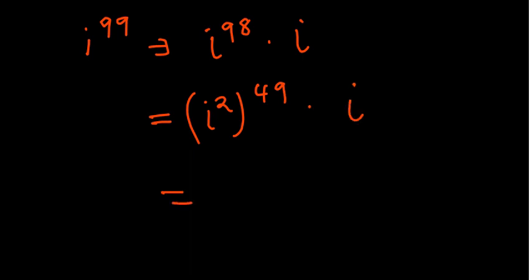Is it an odd power or an even power? An odd power. To give you what? i squared is negative 1. Negative 1 to the power 49 is what? Remember 49 is an odd power.